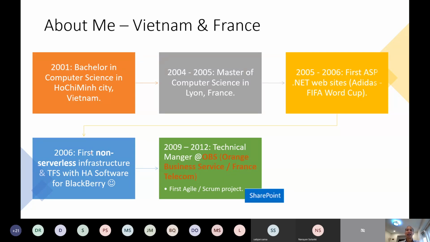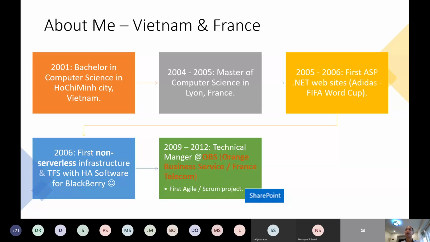And the first DFS thing, we built a high availability software for BlackBerry at that point, which means that we built the monitoring system for the BlackBerry server, and we hosted them in our data center.